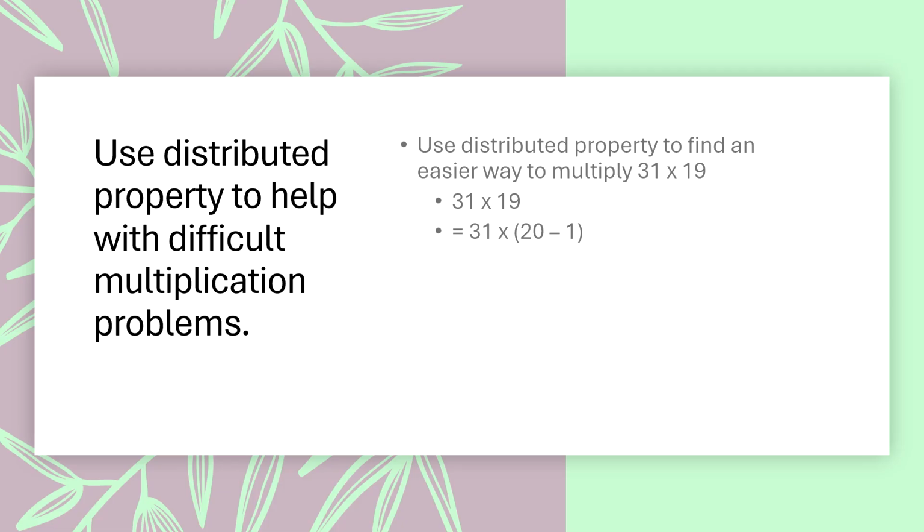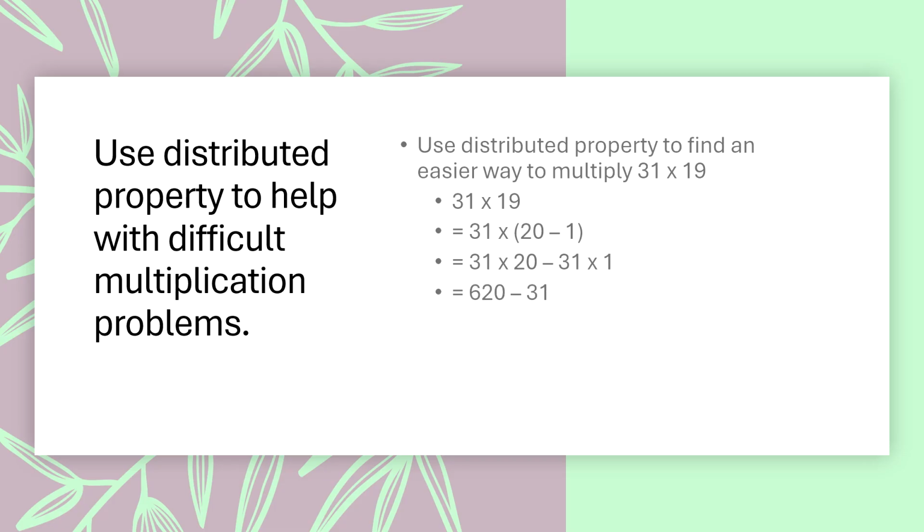So what we did was we said, okay, let's make 19 as 20 minus 1. So we distributed out: 31 times 20 minus 31 times 1.